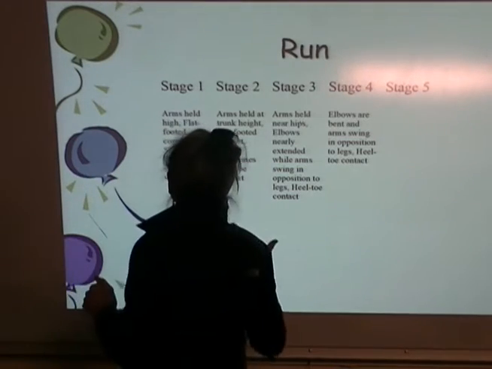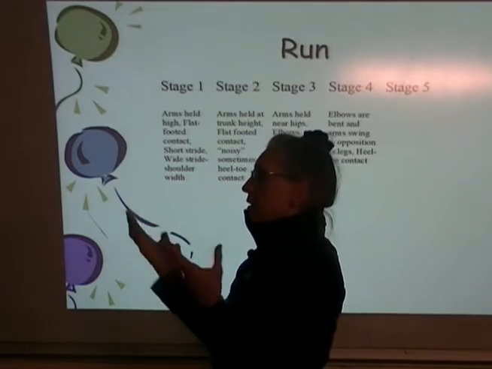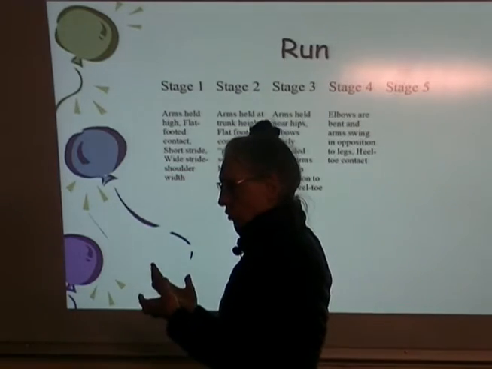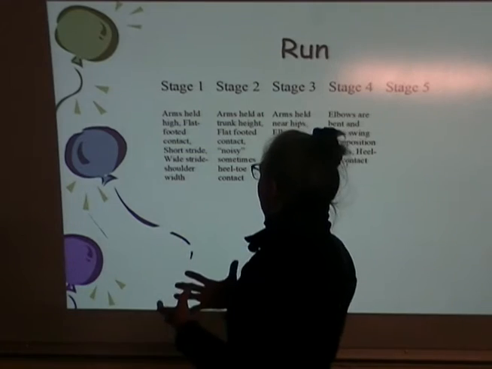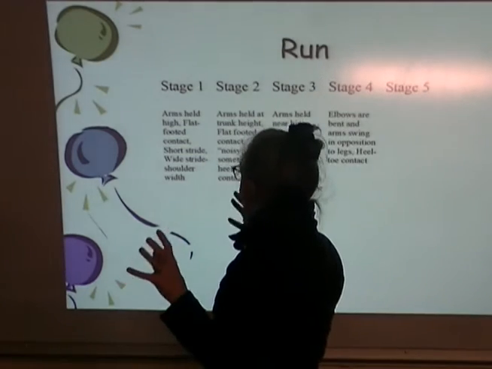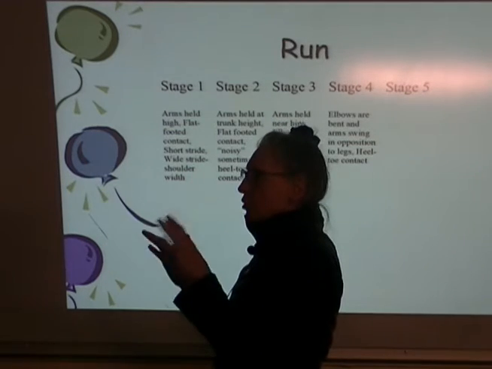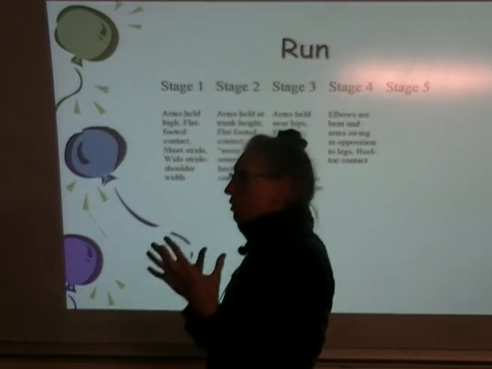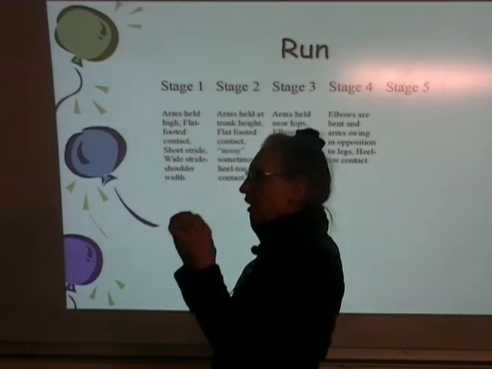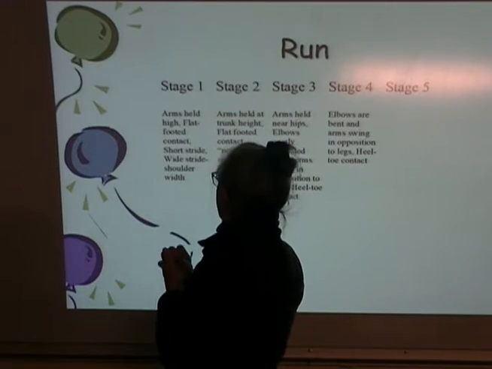All right? So for me, I can identify stage 1 from stage 2 depending on where the arms are, because trying to do it by whether it's flat-footed, stage 1 and stage 2 can be flat-footed. So that doesn't specifically identify which stage they're in, right?